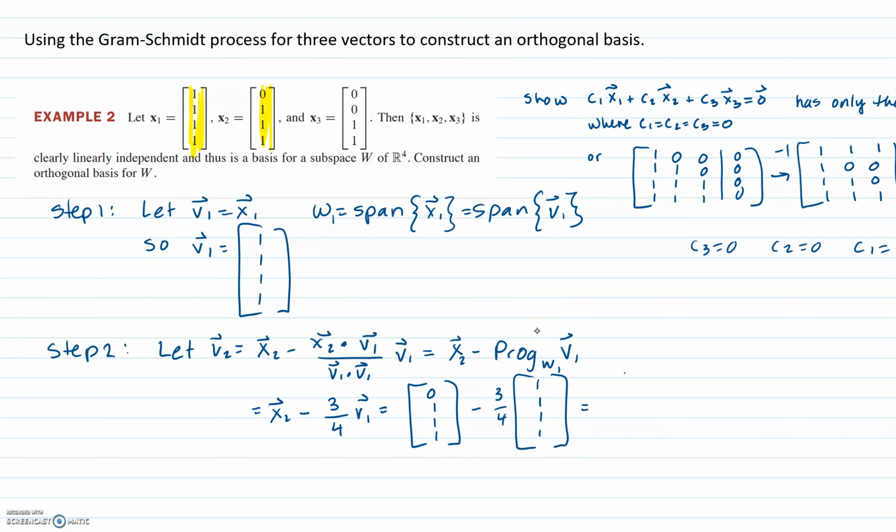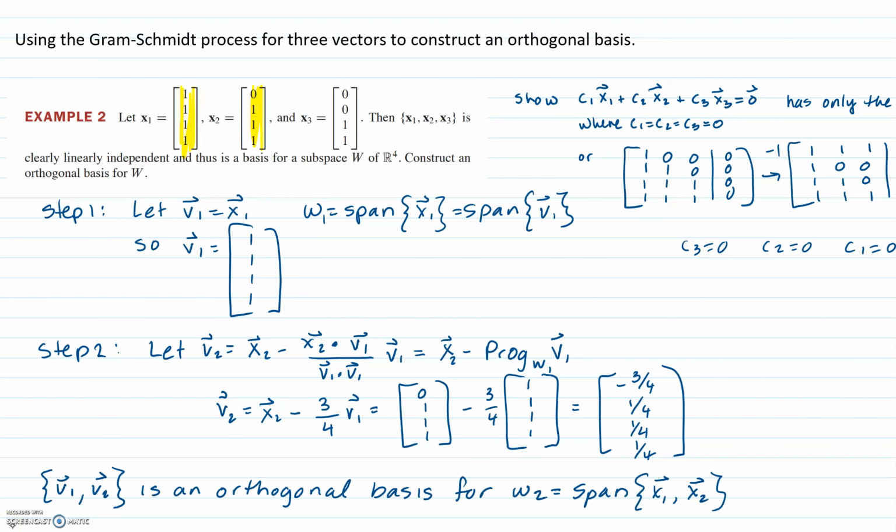So this becomes x2 minus 3/4 of v1, which is (-3/4, 1/4, 1/4, 1/4). Now we've created an orthogonal basis v1 and v2 for what we can call W2, and the span of x1, x2 is the same as the span of v1 and v2.